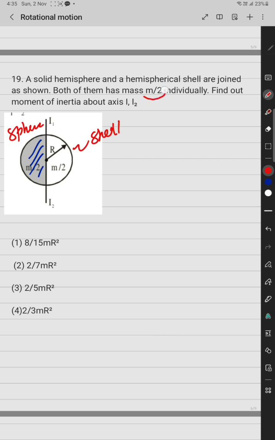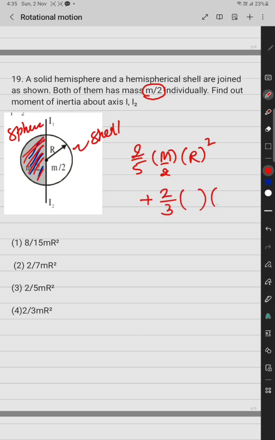Individually the mass of each is m by 2, both masses are the same. So for the solid sphere distribution it is 2/5 mass into radius squared, radius is r and mass is m by 2, as well as the second is 2/3 mass into radius squared, radius is r and mass is m by 2.